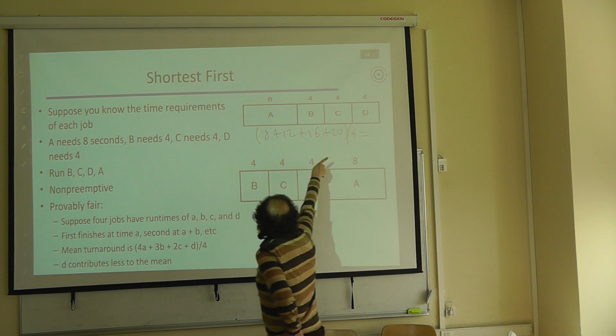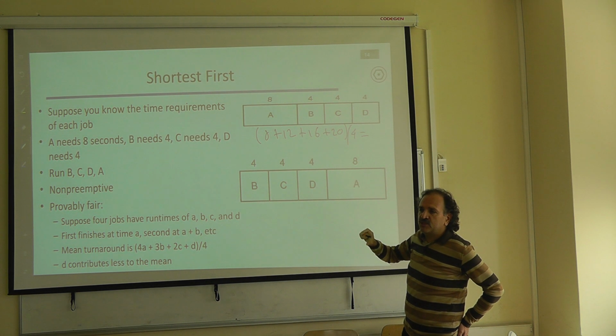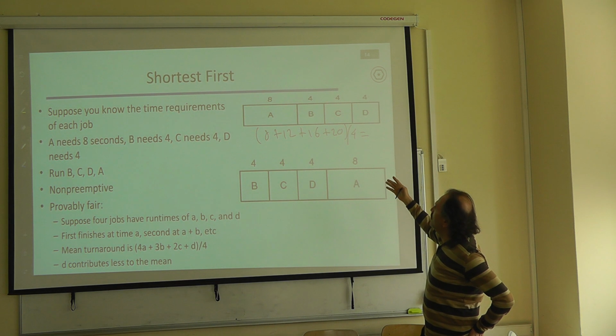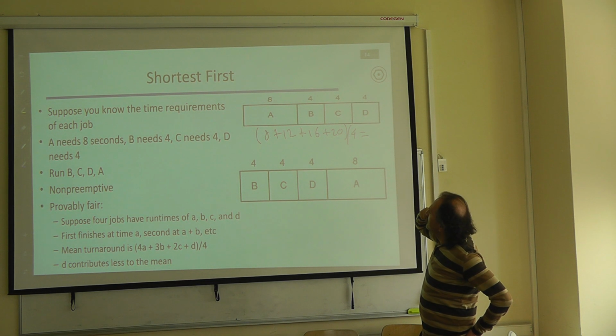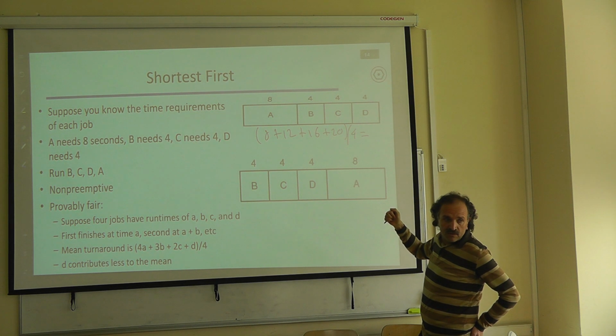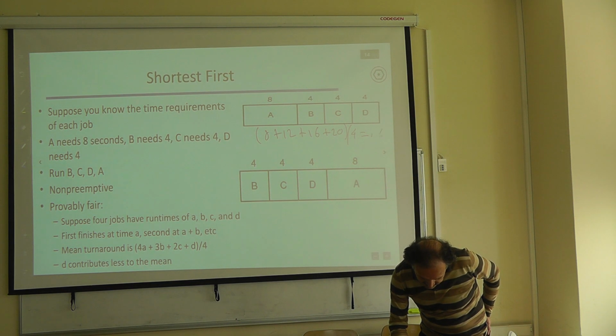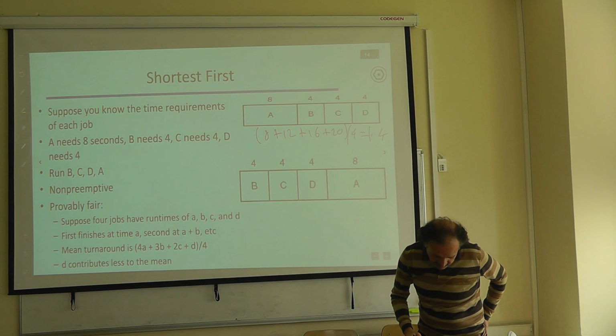Turnaround means the average job completion time, right? So what is the turnaround time in this case? It is 8, 20, 36 over... is that correct? No, 20, 40, 56, right? 20, 40, 56 over 4, so it is 14 seconds. 14 seconds is my turnaround time.